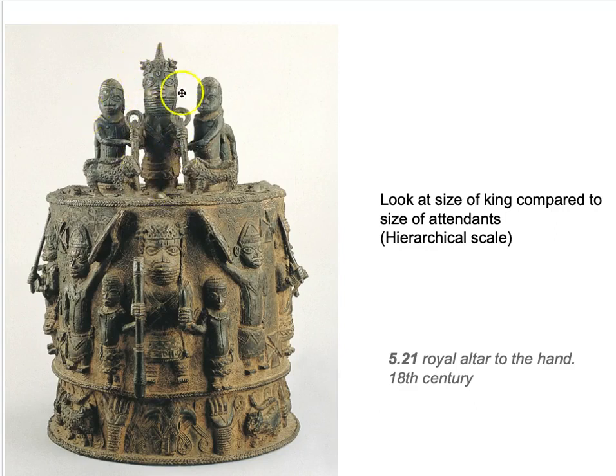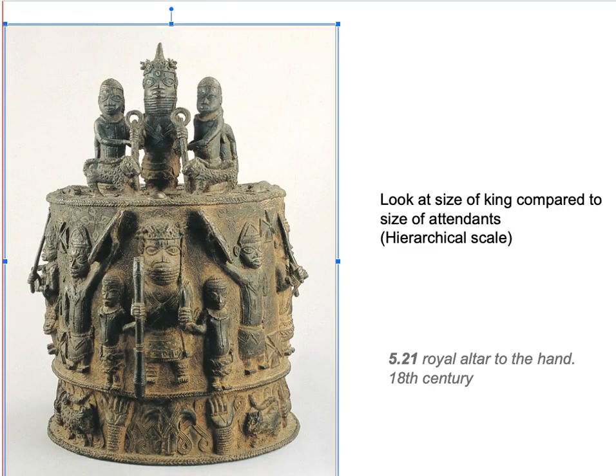So this is an example of just looking at the king himself. The size of his head in relation to his body is out of what? Proportion or scale? Out of proportion, because nobody's head is this big in relation to their body.